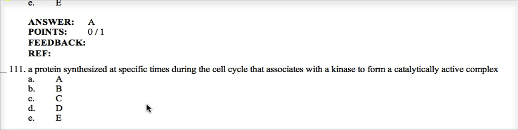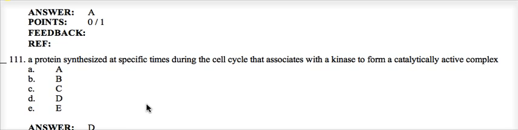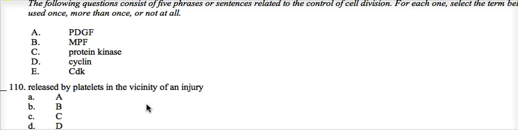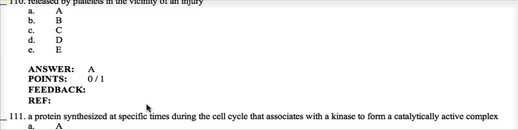Catalytically is difficult to say. Well, what's that? Well, that is D. So that is cyclin. Okay? So cyclin is a major part of the cell cycle.